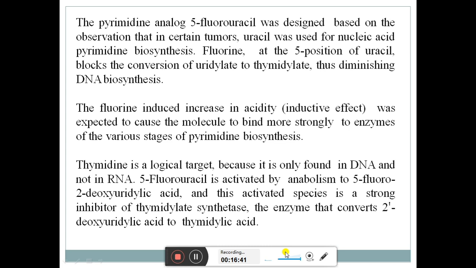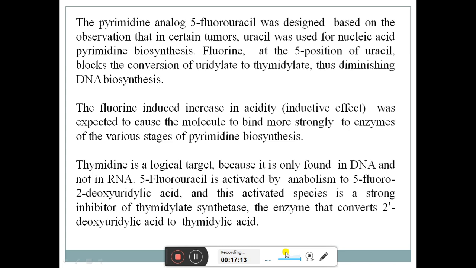The fluorine induced increase in acidity, that means inductive effect, is expected to cause the molecule to bind more strongly to the enzymes of the various stages of pyrimidine biosynthesis. So thymidine is a logical target because it is only found in the DNA molecule and this is not observed in the RNA.